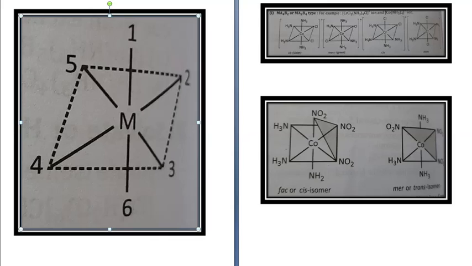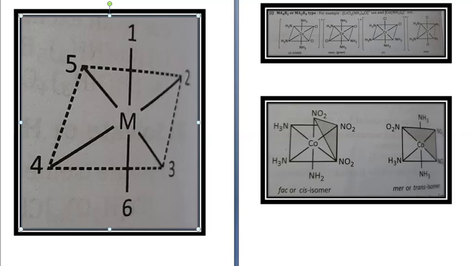Geometrical isomerism is shown by the octahedral complexes of the type Ma4B2, Ma2B4 and Ma3B3. In octahedral complexes, positions 1,6, 2,4 and 3,5 are trans, while others such as 1,2, 1,3, 2,3, 6,4, 4,5 and 1,5 are cis to each other.